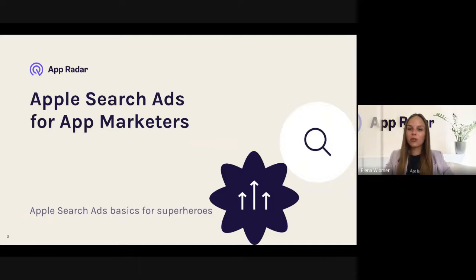We will then also take a look at the different campaign types, how you can structure your campaign, and also talk about choosing the right keywords. And last but not least, we will talk about how you can further optimize your campaigns, boost the performance, and reduce the acquisition costs of your campaigns.